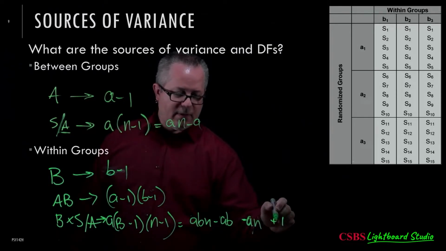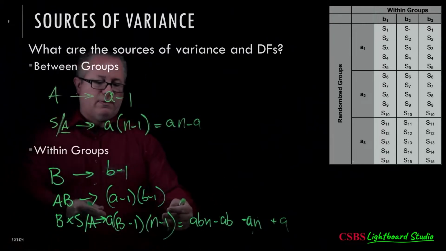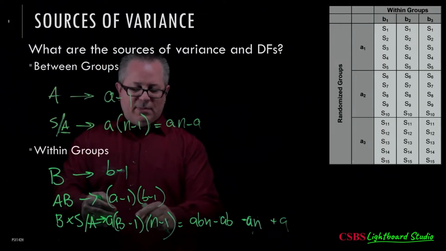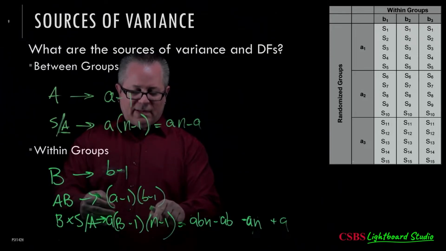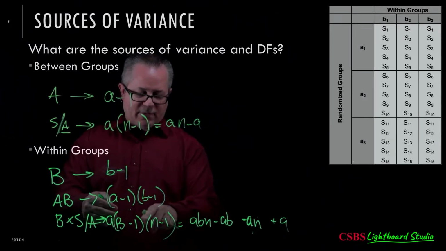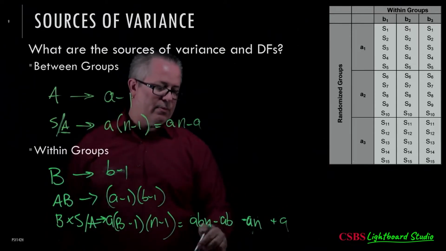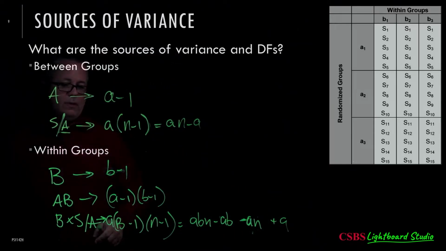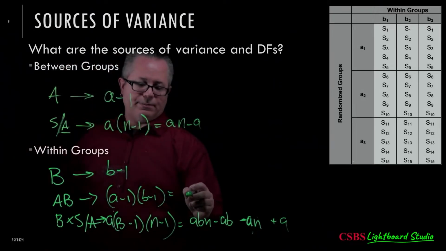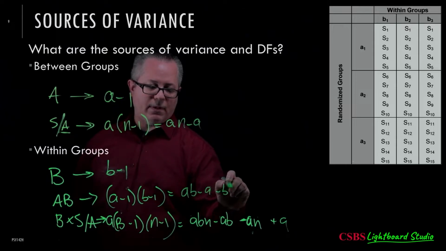I'm just doing FOIL on those: BN times minus B minus N, N is the S effect, whatever, minus N, and then plus 1, and because A is on the outside, you multiply A through. That's the degrees of freedom for it, so it's become kind of crazy. This ends up being AB minus A minus B plus 1.